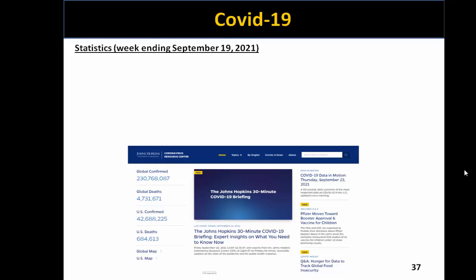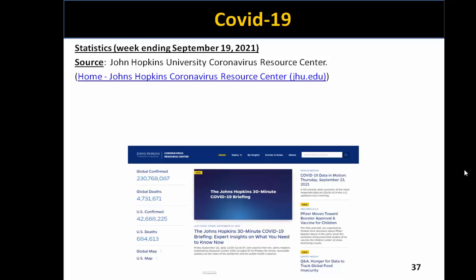One of the locations at the forefront of providing the most accurate representation of the statistics is the Johns Hopkins University Coronavirus Resource Center, which was developed at the very start of the pandemic. This is a website that provides a weekly update on the current state of the pandemic worldwide.